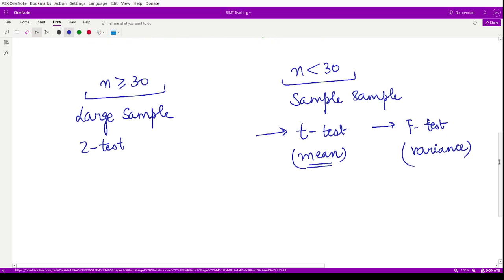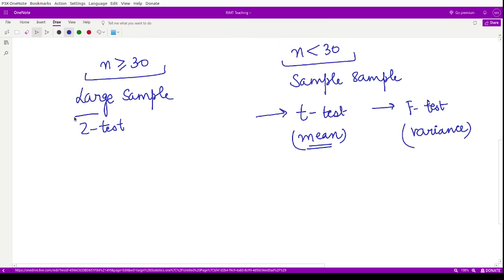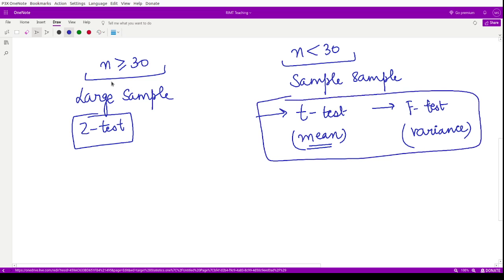Now depending on which test you are using, we have a different test statistic.